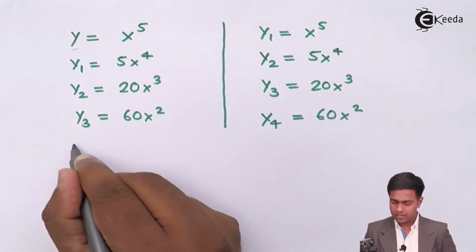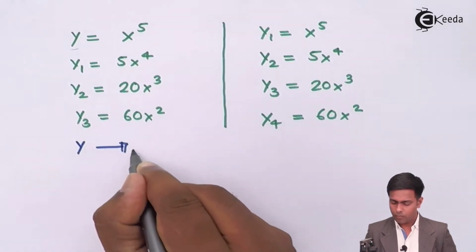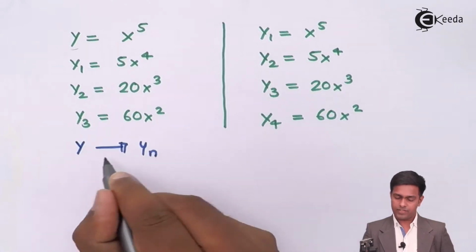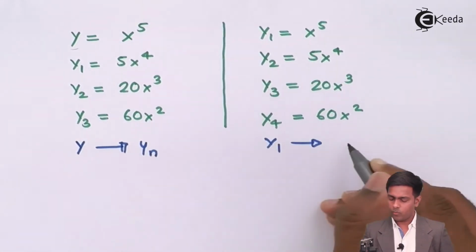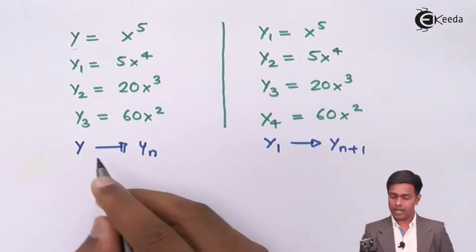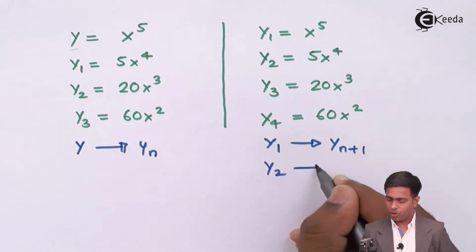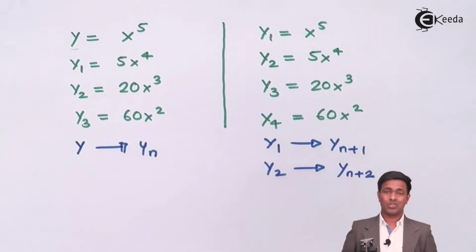When you start at y and get the value of yn, and the same function starts at y1, then your yn will be shifted to yn plus 1. Or if your y shifts to y2, your nth derivative will shift to yn plus 2.